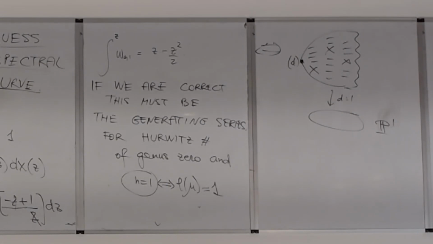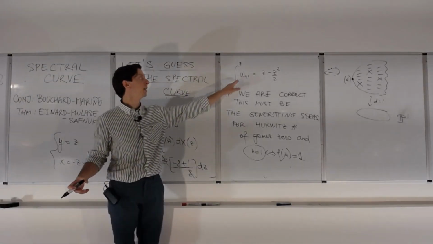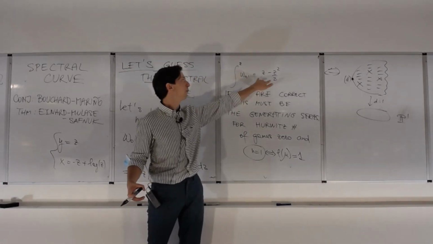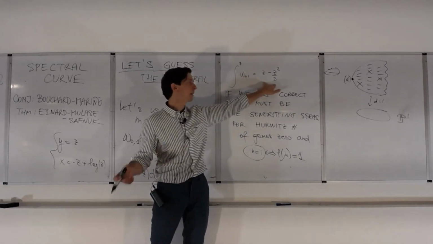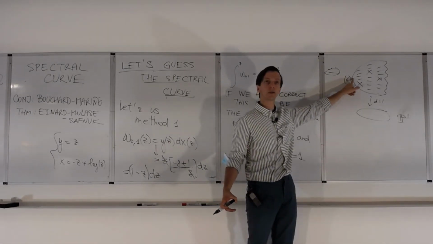So I'm reverse engineering the guess. If this spectral curve is correct, then I just look at omega 0,1. I know that omega 0,1 should be y dx. Now I expand it in z, I integrate, and I should get the free energy. This free energy should be z minus z squared over 2. And now, if we're correct, this should be the generating series of Hurwitz numbers with a total ramification over 0.